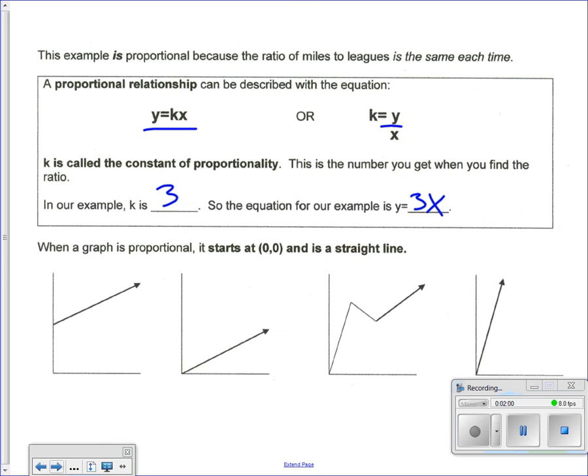The graph is proportional if it starts at 0, 0 and is a straight line. So in the first one, it does not start at 0, 0, but it is a straight line. Since it does not meet both criteria, it is not proportional. The second starts at 0, 0 and stays in a straight line, therefore it is proportional.